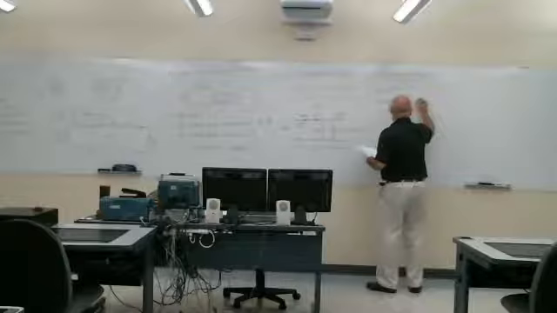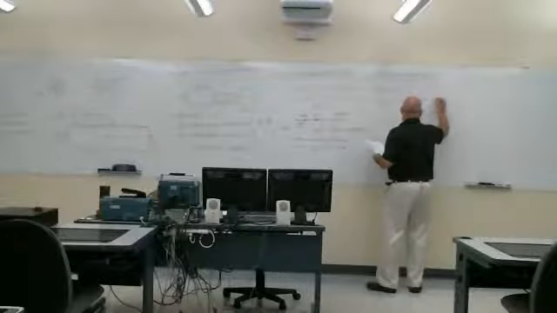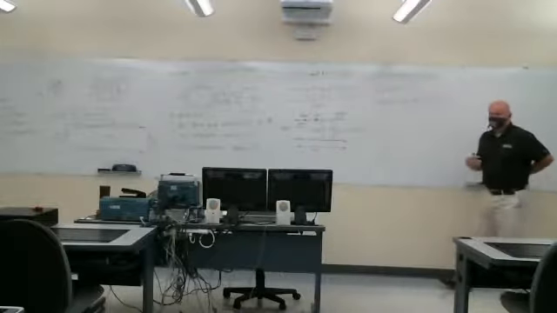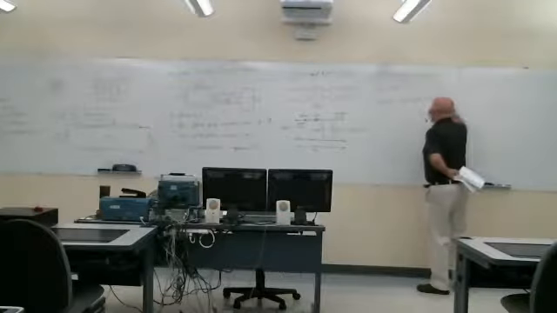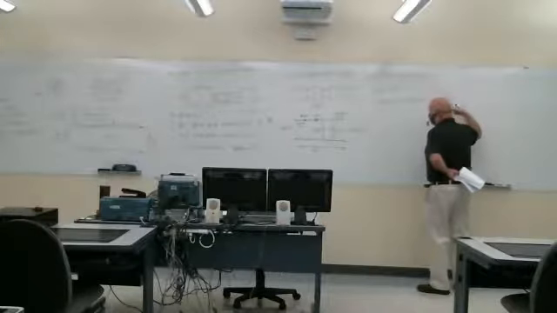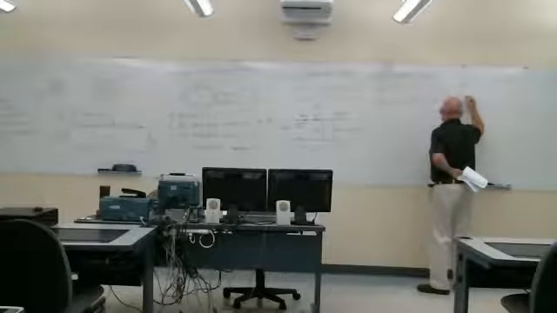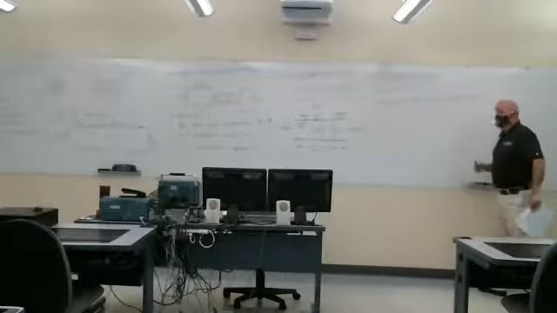I'm going in the direction of the current. So that's going to be R prime delta z times I(z, t). And then for the inductor, the voltage is L di/dt. So for the inductor, it's L prime delta z. And then it would be the derivative with respect to time, but since now the current is a function of two variables, it's a partial derivative of I(z, t), is equal to 0.